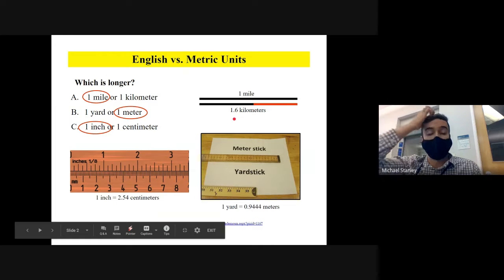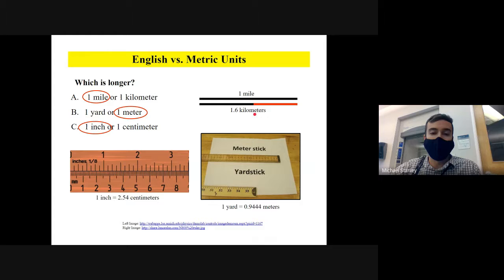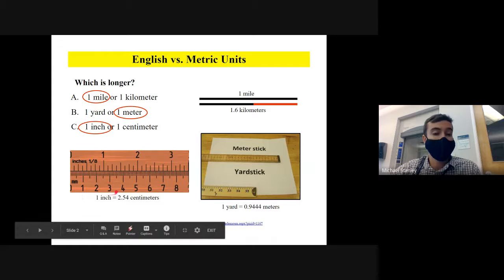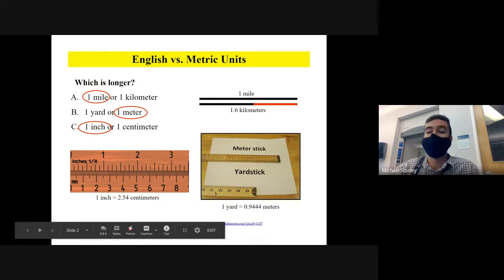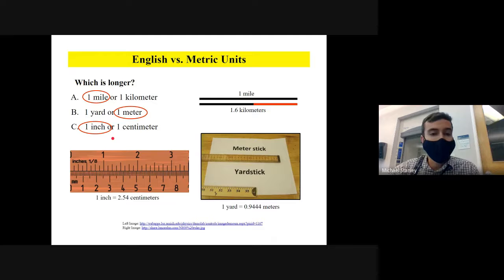There's also kilometers, which are the larger size. 1 mile is about 1.5 kilometers. And then 1 inch for the smaller side, instead of inches, it's about 2.54 centimeters. So meters, kilometers, centimeters, these are how scientists and how most people around the world measure things like length and height and distance.